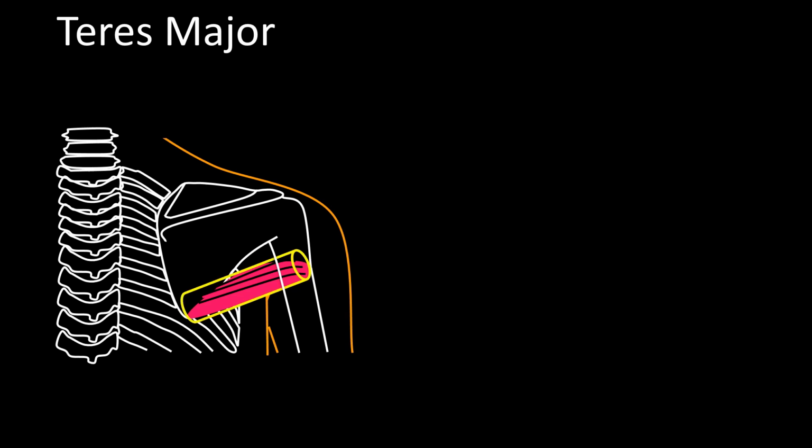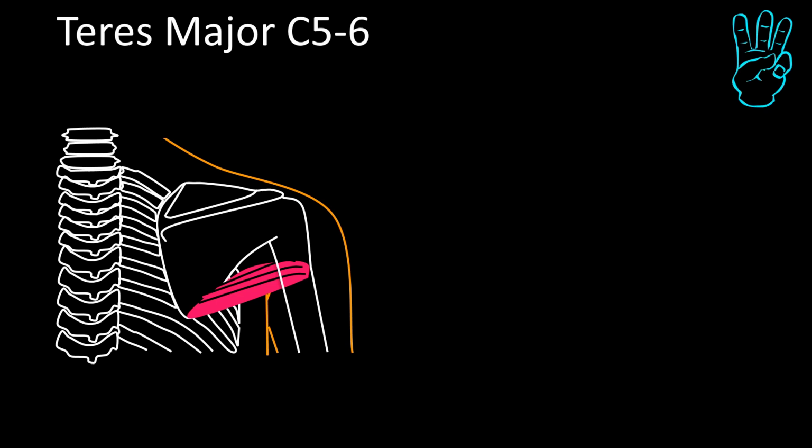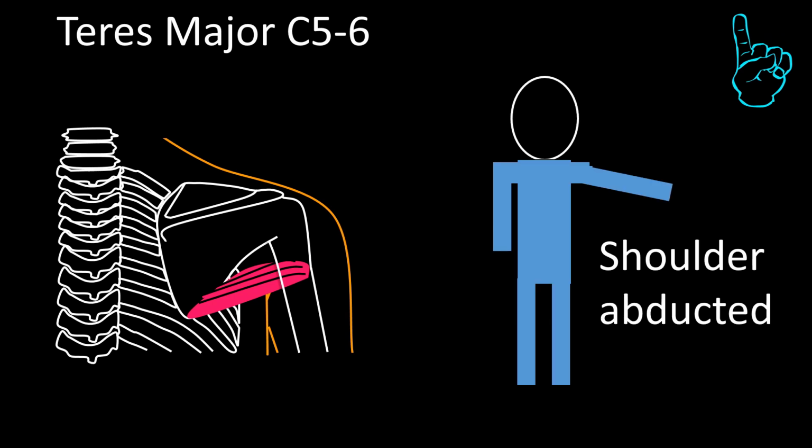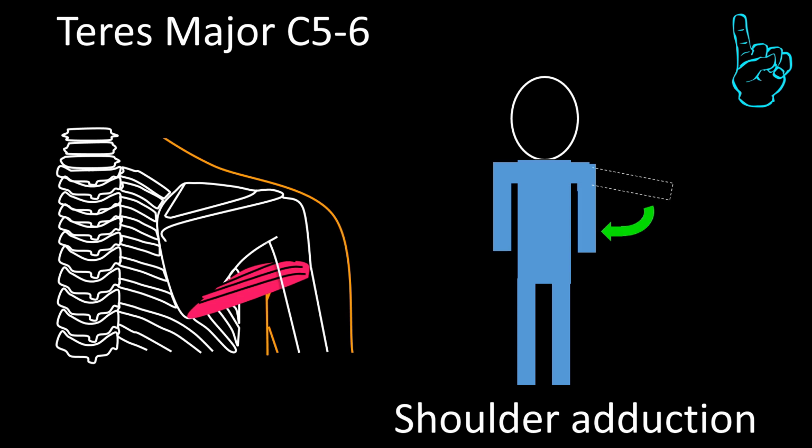The teres major is a cylindrical muscle that goes from the lower border of the scapula to the anterior surface of the humerus. It receives innervation from C5 and C6 spinal segments. The teres major has three actions. The first action, from the shoulder abducted position, is shoulder adduction.